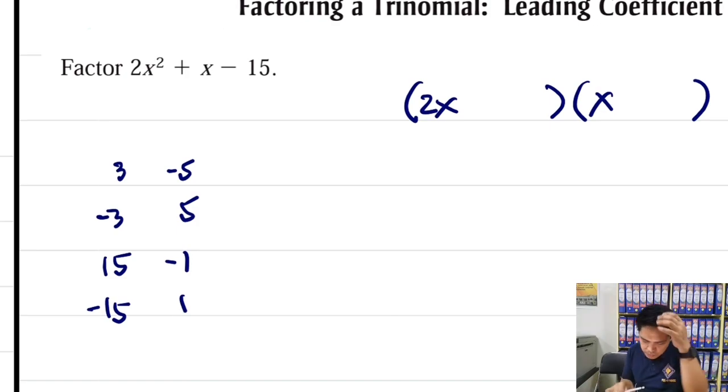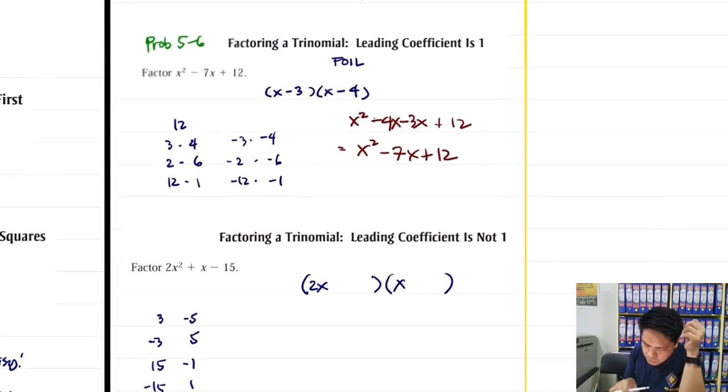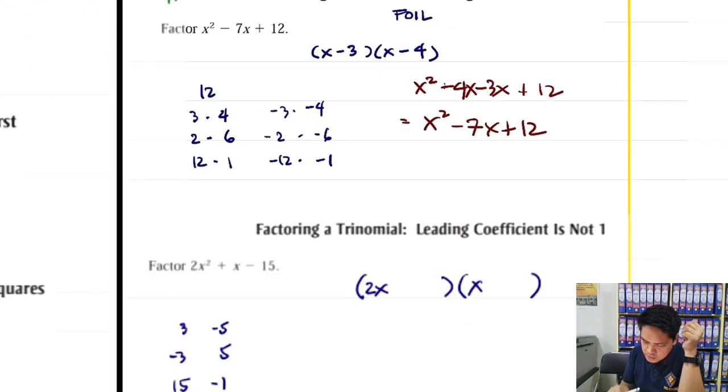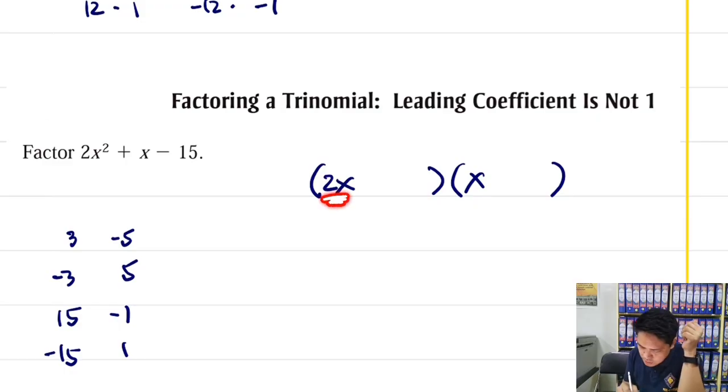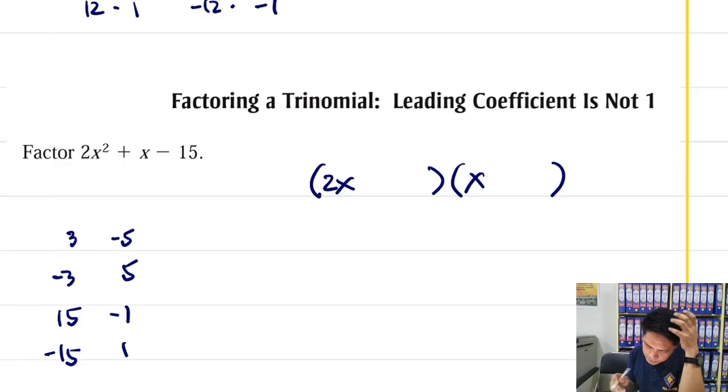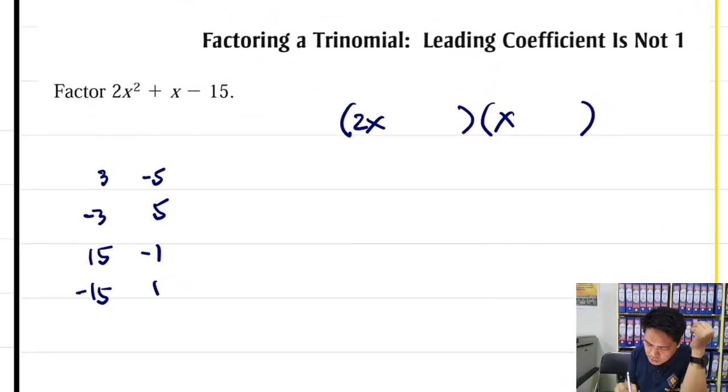Okay. Now, remember na we need to consider outside and inside, meaning outside ito, kasali na to, then inside. Okay? So, ang gagawin natin, lagyan natin ng combination.